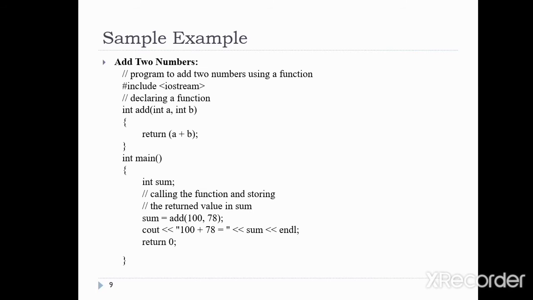So sum is equal to add(100, 78). So cout 100 plus 78, the answer should be 178, we know that. So sum has to be printed. So cout sum, return 0, and end of the program.